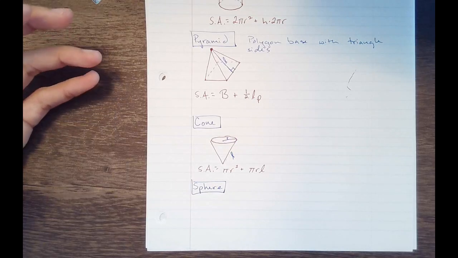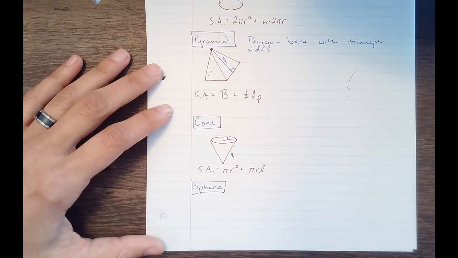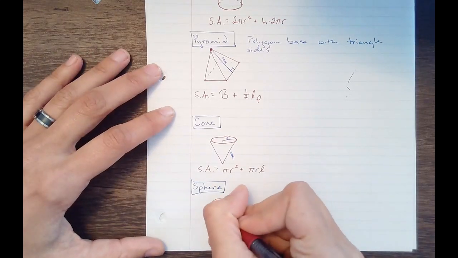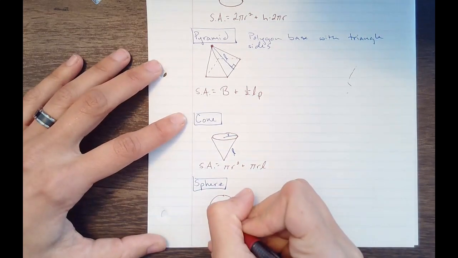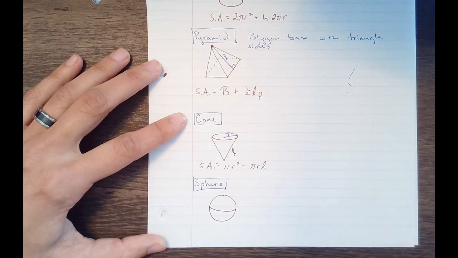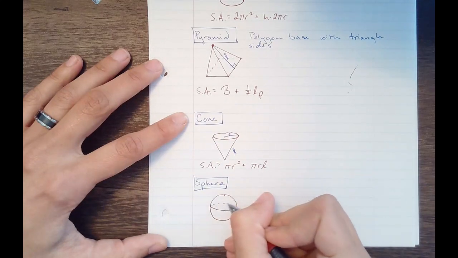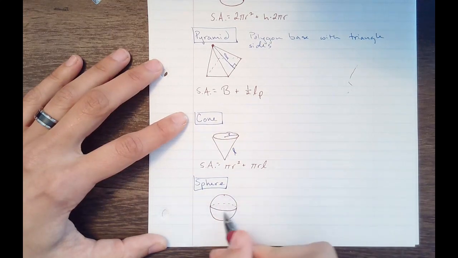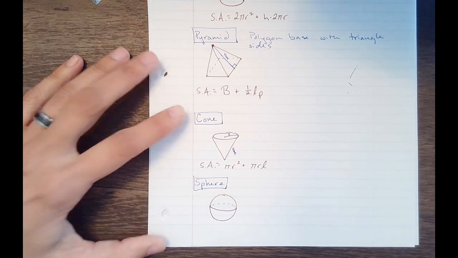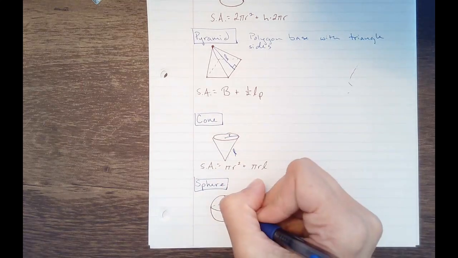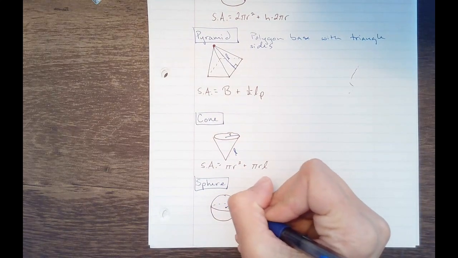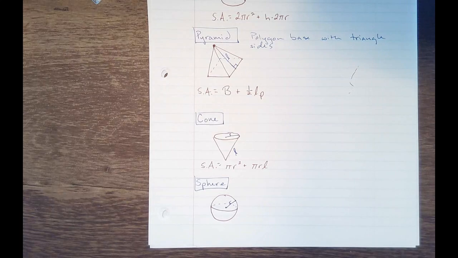But the second half of this circle is going to be dotted because that's the back of our sphere. This is essentially just made up of a bunch of circles, so we're still going to have a radius, which is from the center of the sphere all the way out to the edge. And our surface area is 4 pi r squared. So it's just going to be 4 pi r squared.